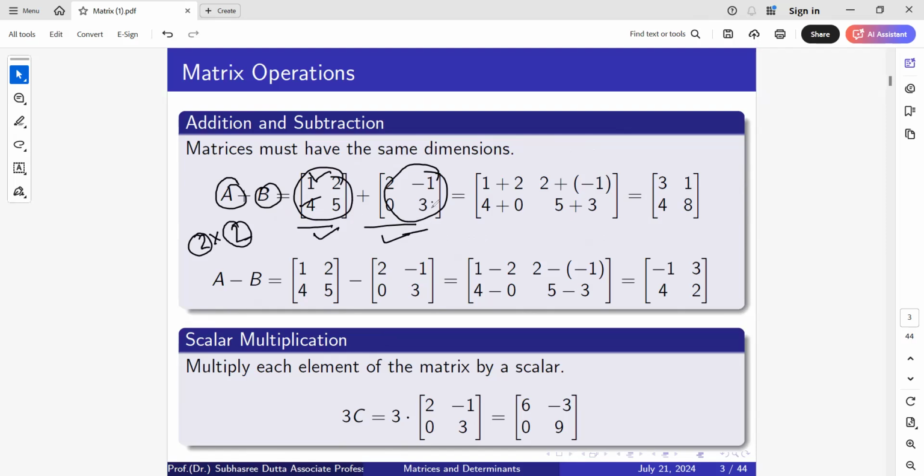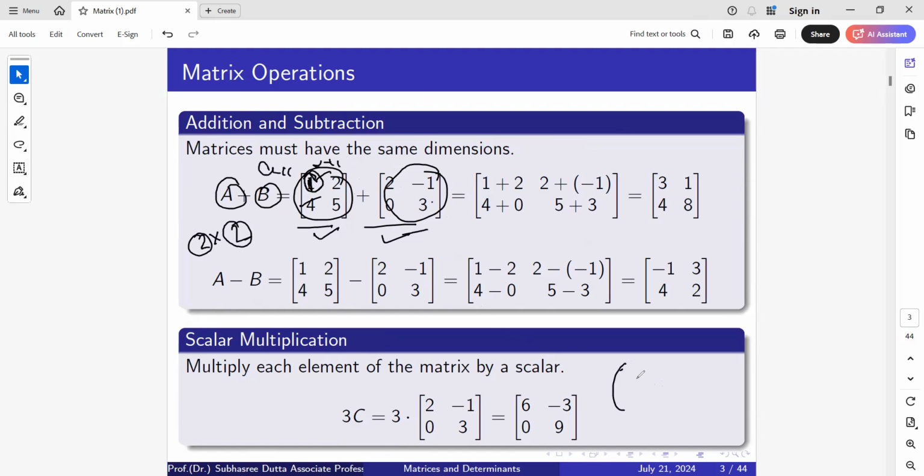So after addition, how will the operation of addition operate on matrix? When you add two matrices, they will be added component wise. So this position is called A11.